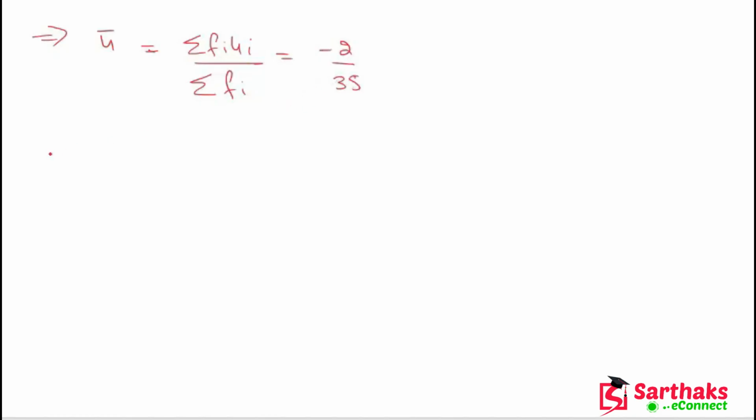Now we have to find x bar. We know that x bar is a plus h into u bar. Here a is 70, h is 10 and u bar is minus 2 upon 35.